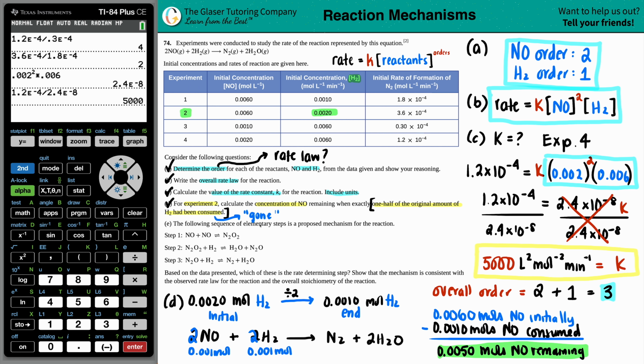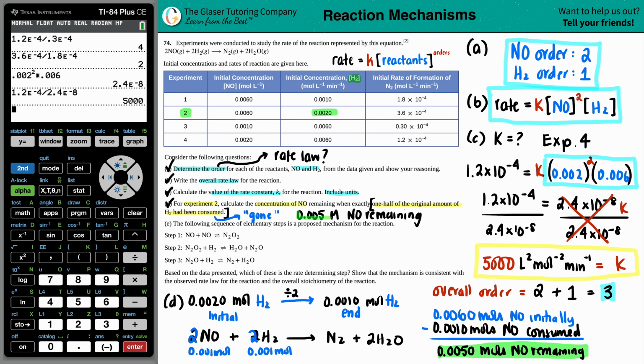And just to put the units correctly, they wanted to calculate the concentration of NO remaining. We just did moles, but you could just assume that we have the liters back in the 1 liter solution. So we can say that 0.005 molarity of NO is remaining because specifically they're asking for calculate the concentration, and concentration is always a molarity.